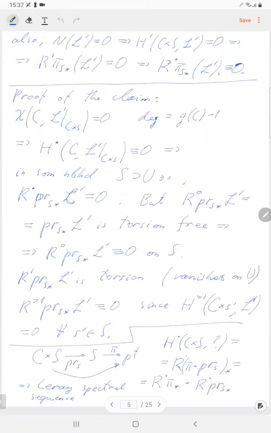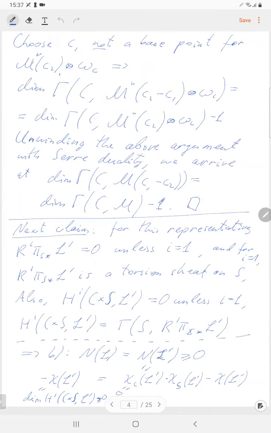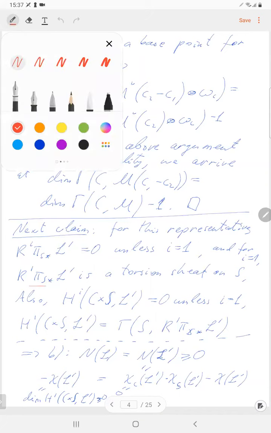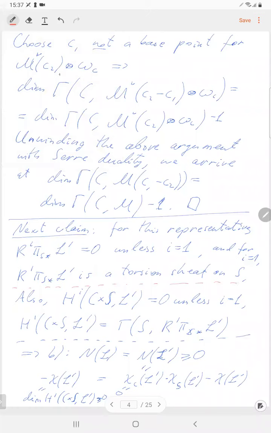So we are proving this global claim. So we proved this about higher direct images, and now I want to prove the statement about cohomology. But I claim that cohomology of the surface C times S is more or less cohomology of the base S with coefficients in these sheaves that we already took care of.